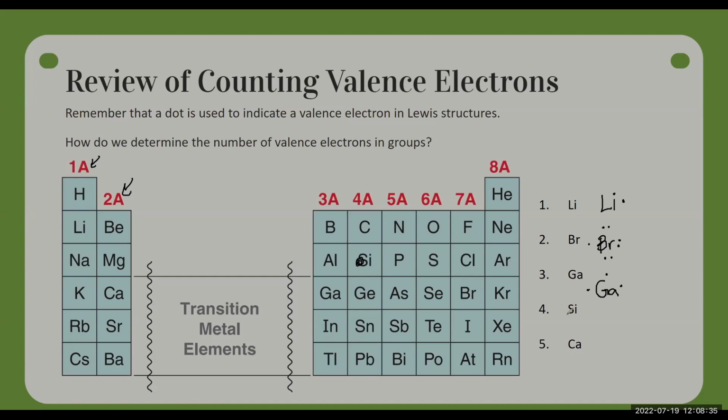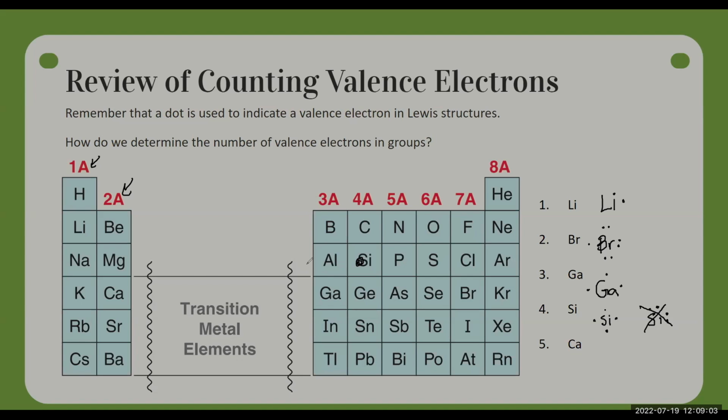Silicon is under group 4A, so it has a total of 4 valence electrons. Remember, we always do 1, 2, 3, and 4. You don't want to write it in a way where you pair them up early, like this. That is incorrect, so you want to avoid drawing your Lewis dot structures like that.